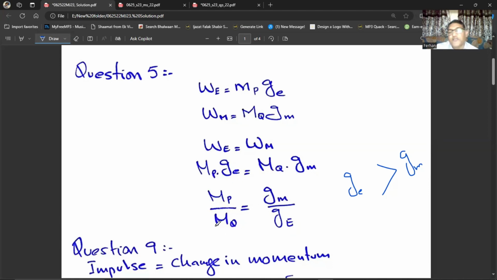So in this ratio also, the numerator is smaller and the denominator must be larger. So that means MQ will be greater than the mass of P. That means the mass of Q is greater than the mass of P.